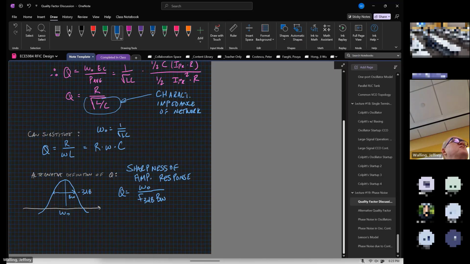Where this gets a little bit tricky is when we don't have exactly parallel resonant circuits or exactly series resonant circuits. Then we might have some other things influencing the shape. But if we have purely parallel resonant circuits, these definitions are all the same.